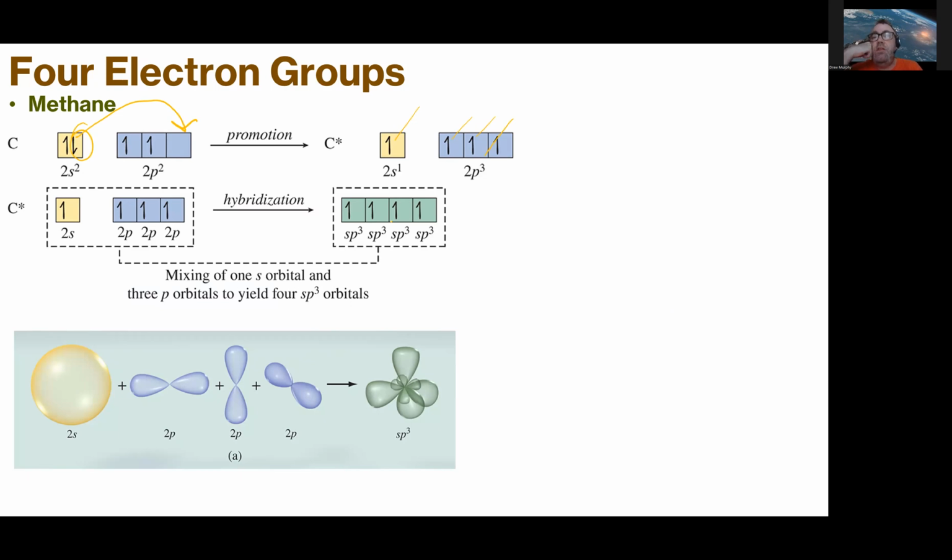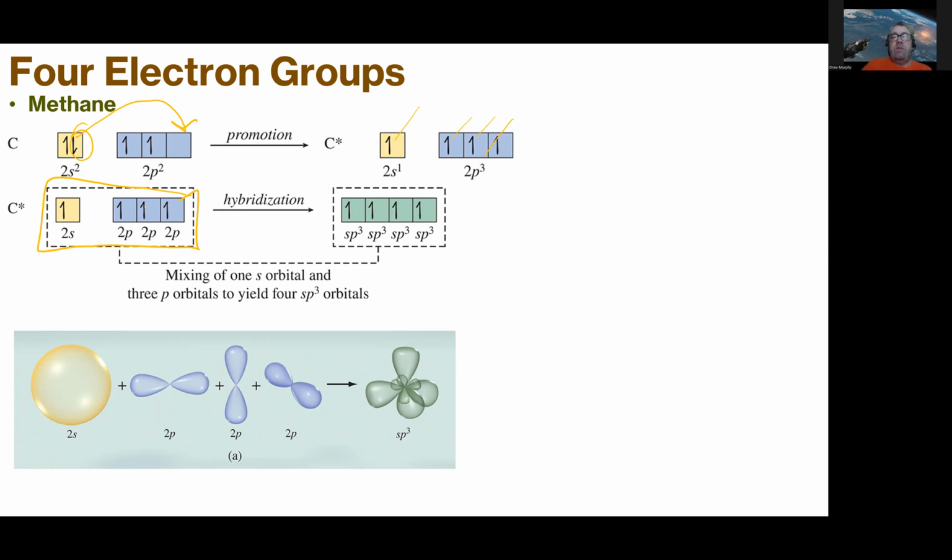Okay, the other thing is all four of those CH bonds are exactly the same. Okay, if we overlap an S and a P, it's going to look not the same as overlapping an S and an S. Okay, so what happens in the second part of this is hybridization. It takes the four atomic orbitals that each have one valence electron and mixes them all together and splits them back up equally so that we have four hybrid orbitals.